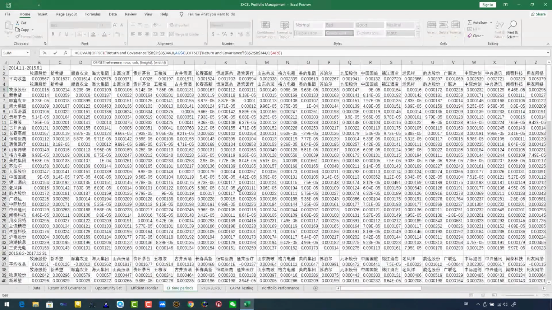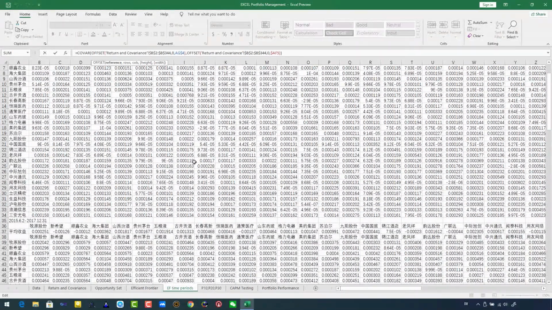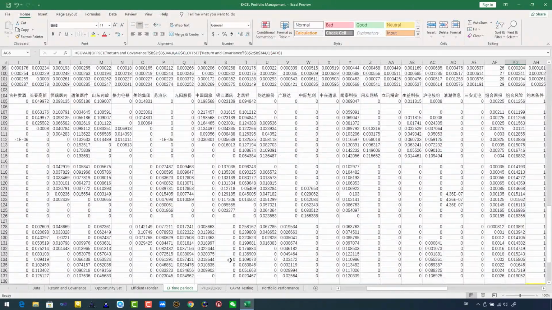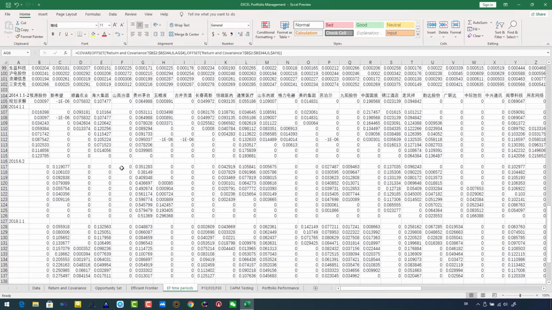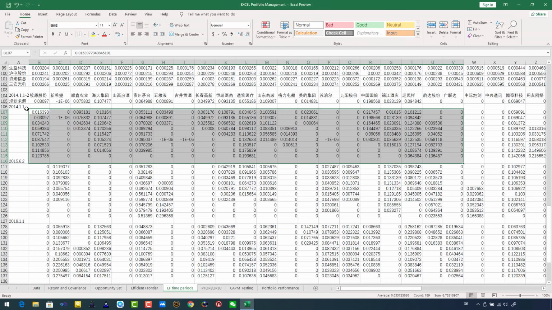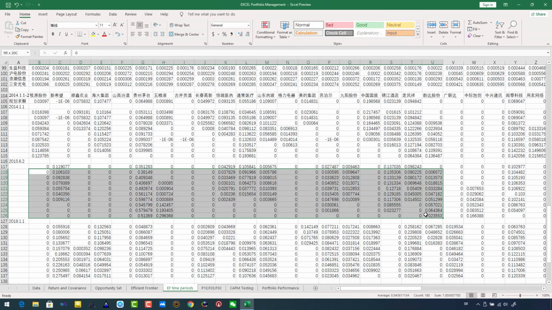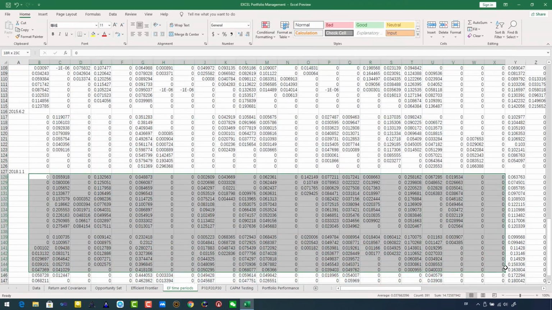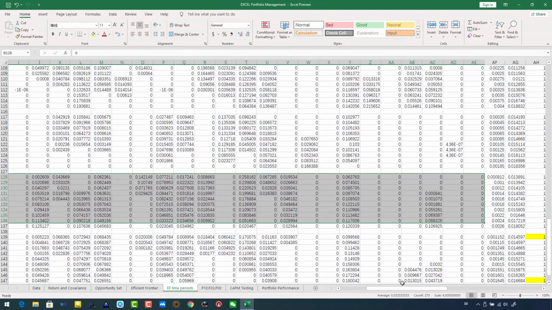So you do it one by one based on each sub-time period, and you will have the solver result here for subperiod 1, the solver result here for subperiod 2, and the solver result for the final part. Once all this is finished, you can draw your efficient frontier.